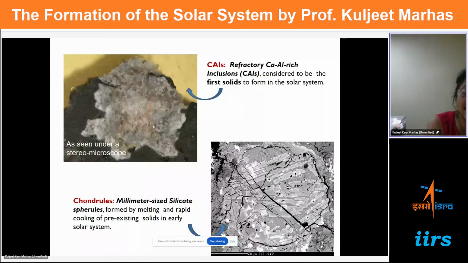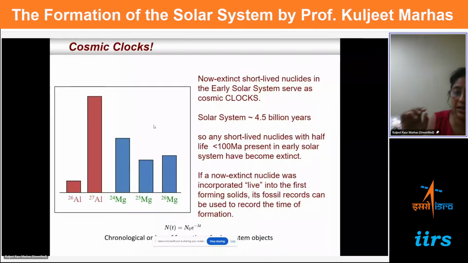This is a relative chronometer. It means I will take a CAI, measure that first one, and then do relative dating of the rest of the CAIs depending on the first solid formed. So this is relative dating. It doesn't give an absolute dating because we are not sure what was the initial composition of aluminum magnesium. I hope it will be clearer when I go through a few more slides.